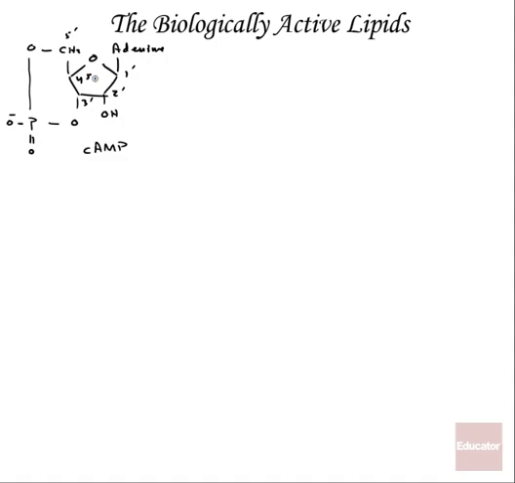Okay, so let's do some information about thromboxanes. So let's go ahead and do this in blue. So we have our thromboxanes. Now for these, we have a 6-membered ring. They have 6-membered rings containing an ether.